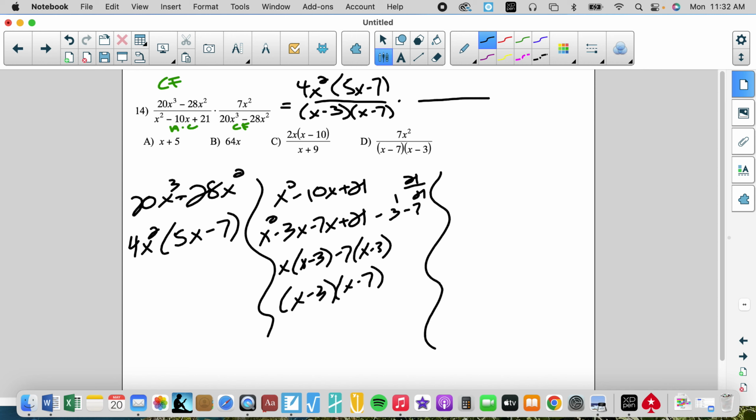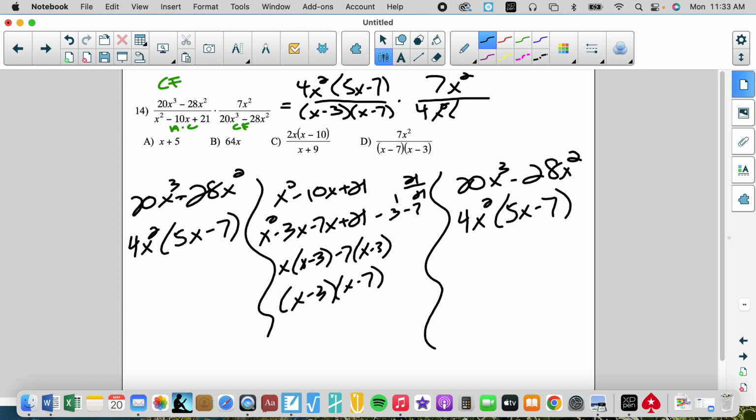Top right can't be factored, and bottom right, 20x cubed minus, oh, I could have just canceled those straight up. I did not see that, but we can still do it. 4x squared, you get 5x minus 7. So 4x squared times the quantity 5x minus 7.